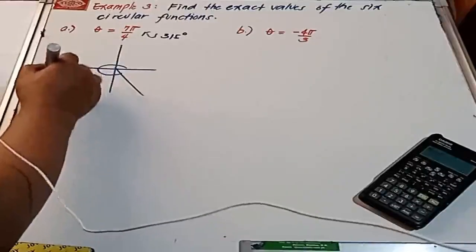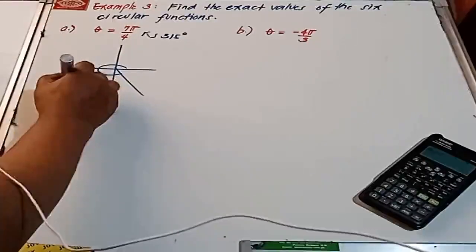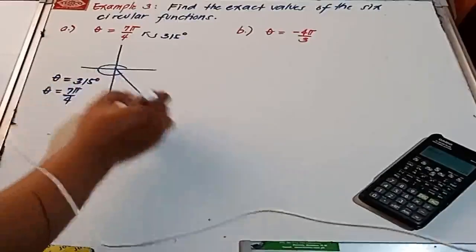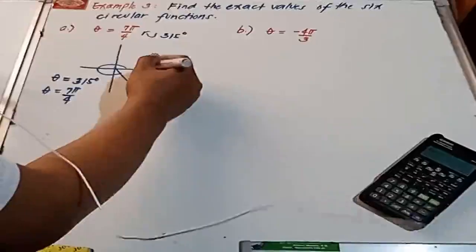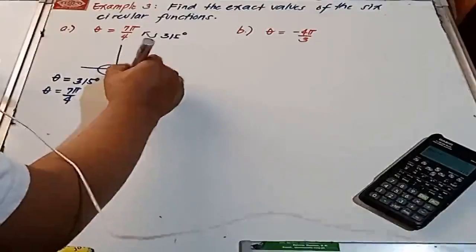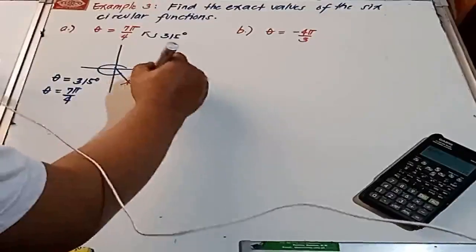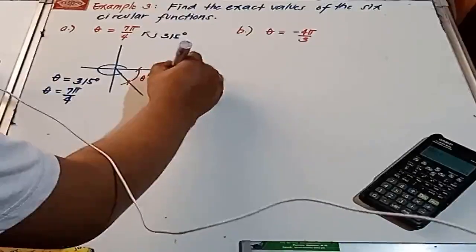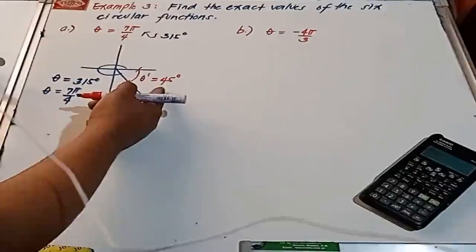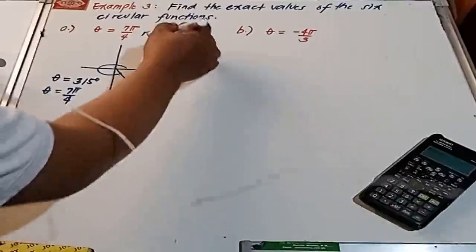Or this is your 7 pi over 4. Okay? So, kunin natin yung kanyang reference angle. Sa reference angle in degree, madali. Kita ka agad. This is 45 degrees. No? Pero, ang unit kasi natin is in radian. Okay? How did I obtain 45 degrees? Just subtract 360 by 315.